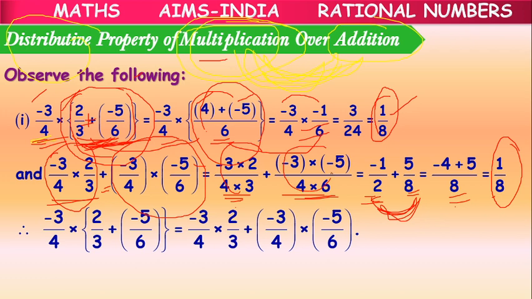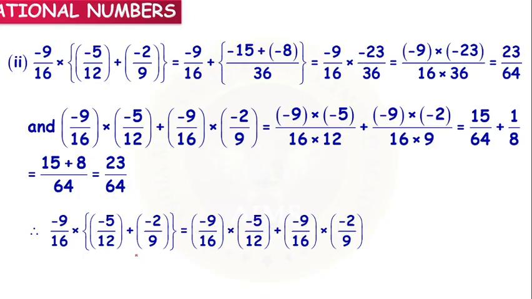First we are multiplying, then we are adding. But both the values are equal. Means this multiplication property we are distributing to both the rational numbers.